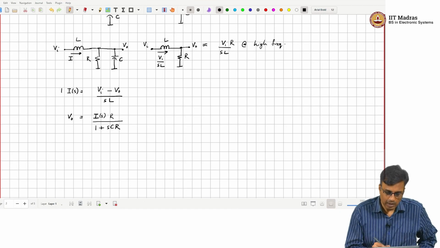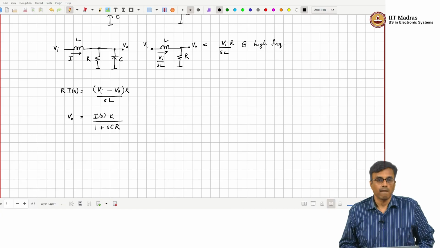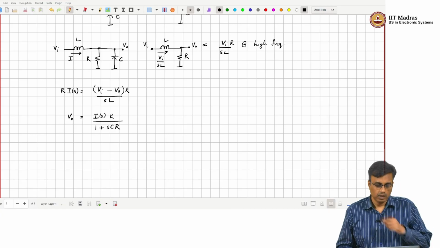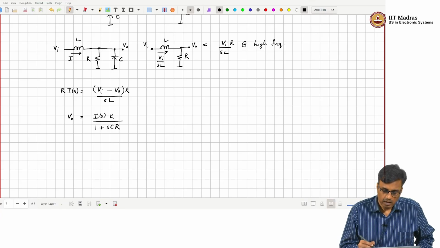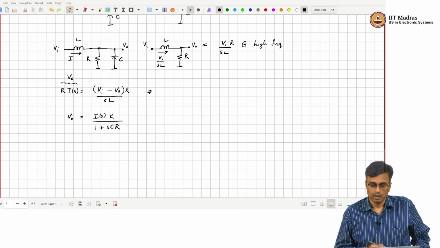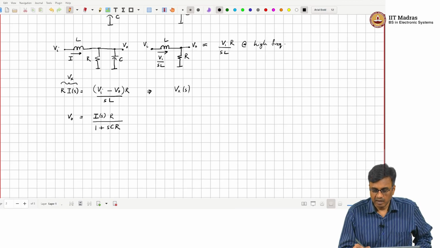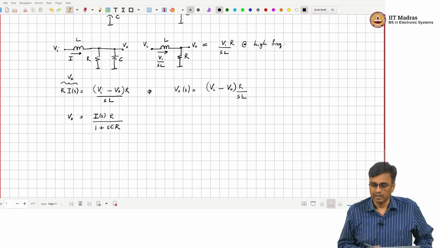Okay. So, this is telling you that if you call this Vx, Vx of S is nothing but Vi minus Vo times R upon SL.